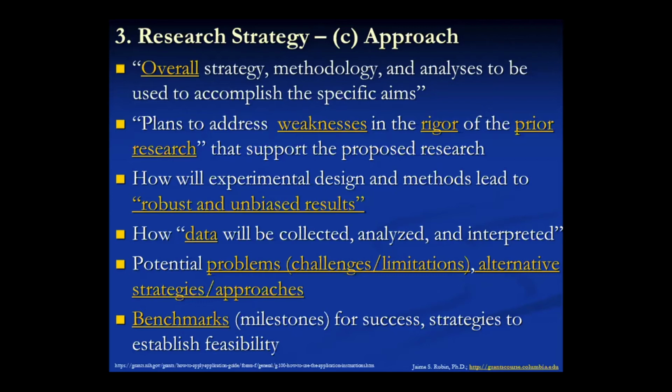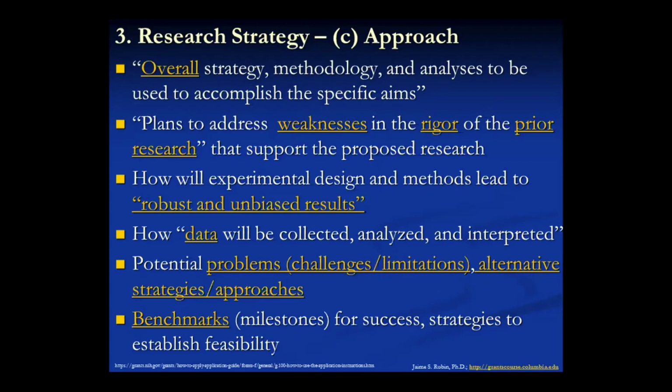And then, as we mentioned before, recognize any potential problems, challenges, or limitations from what you're proposing, and what alternate strategies or approaches you're going to use instead if you're confronted with any of these challenges or limitations.